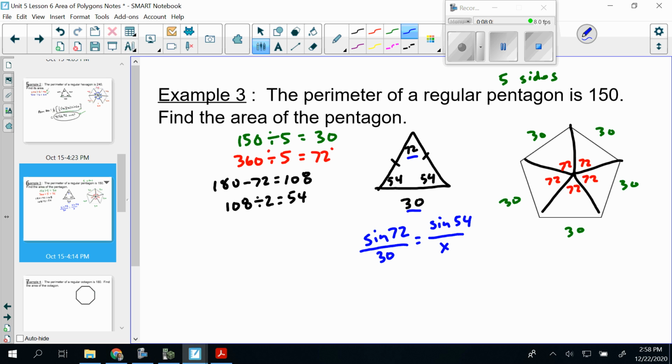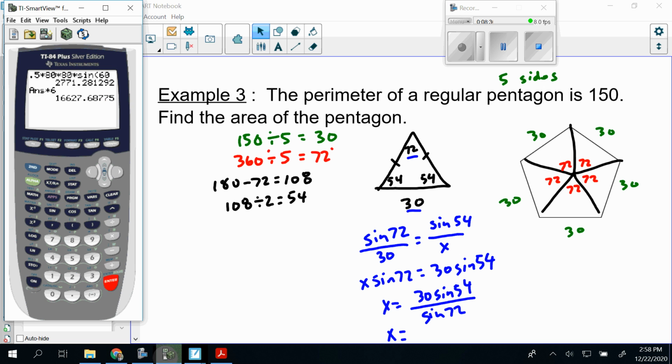So if we solve that by cross multiplying and dividing, we can find x. So we'll get x sine of 72 equals 30 sine of 54. We can solve for x now by dividing. So do 30 sine 54 over sine 72, and we can find out what one of those sides are. So pop that in your calculator and you can get it. So we'll do that quick.